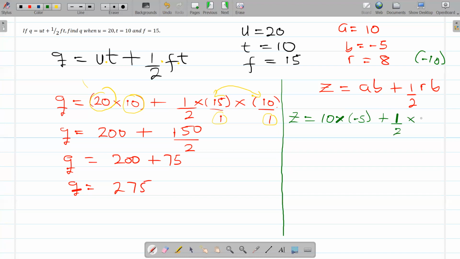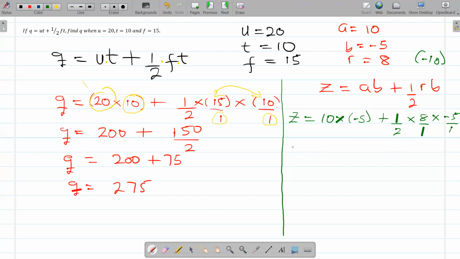Oh, wait, what's the value for B? Minus 5, sorry. So times minus 5. So you can say 8 over 1, right? Yes.